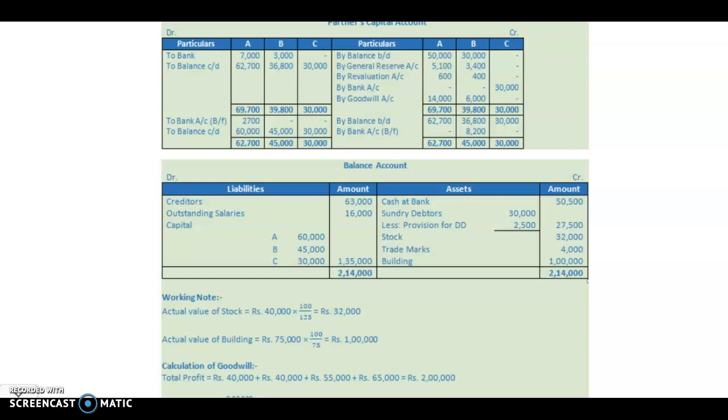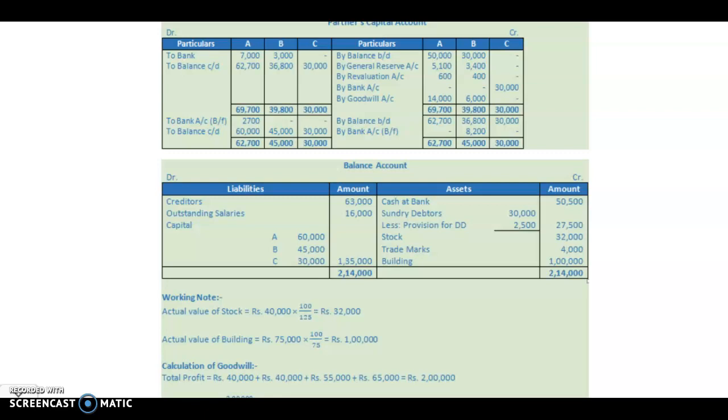He has a balance of 36,800, so he has to introduce 8,200 in order to make 45,000. That will make his capital 45,000. For C, there is no problem. He already has a capital of 30,000, which he brought in cash.